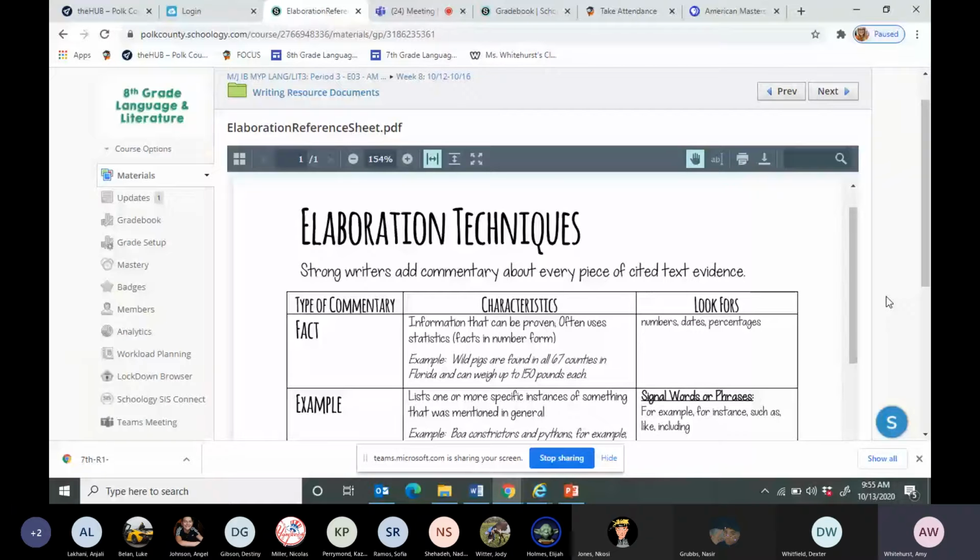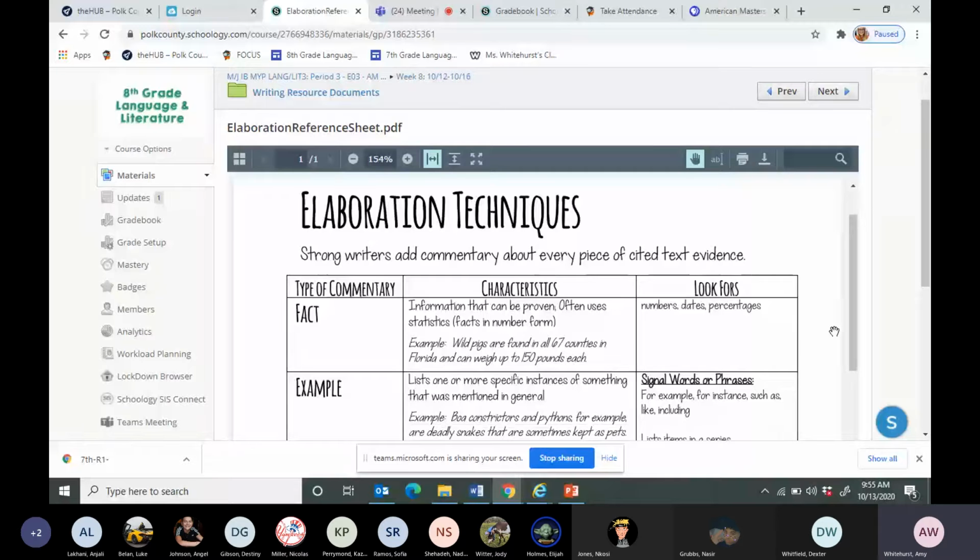But instead of summarizing, your elaboration should provide an analysis of the evidence and how the evidence relates to your topic or your claim. So in science classes, if you've ever done claims, evidence, and reasoning, that process is very, very similar to having your topic or your claim, then your evidence, and your elaboration, which provides reasoning and analysis.